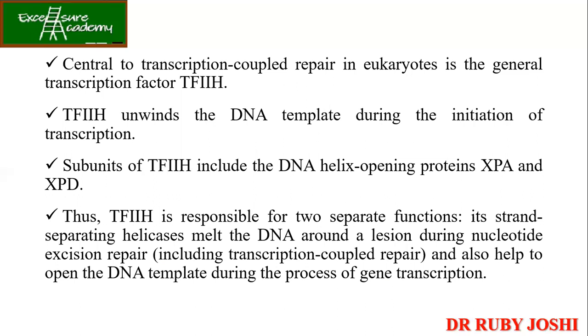So in a way, it is like, after the replication, if suppose there is still a mismatch which escaped from these repair mechanisms, so during the transcription, if there is a distortion detected by the RNA polymerase, then it is going to recruit the NER proteins so that it can repair. Okay, so this is known as transcription coupled NER. Clear? Yes, ma'am. Okay, yeah. So just join me again.